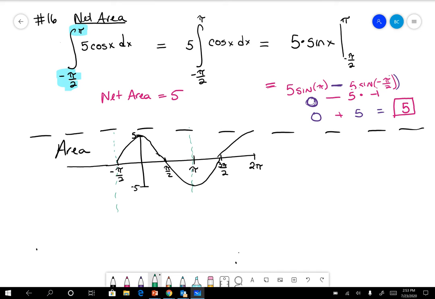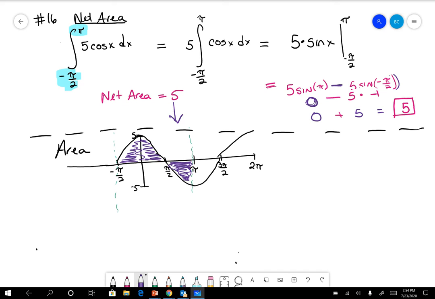And I'm looking at the area. So the area of this is this section and this section. Now we calculated the net area is 5, and so that's what this is. That's the net area.